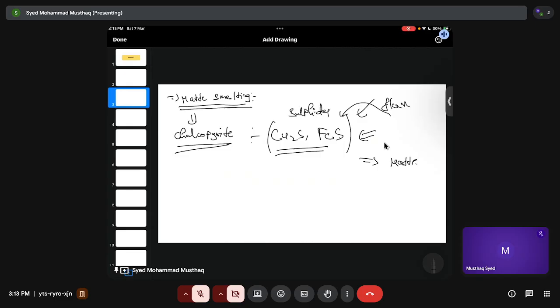So you add flux to catch the impurities, right? And then you supply some heat or oxidizing or reducing agents, depending upon what you are trying to do. You will end up with matte plus slag plus gases. Right?